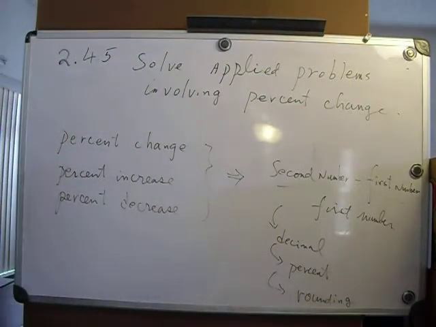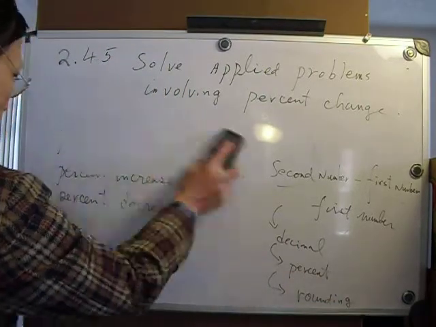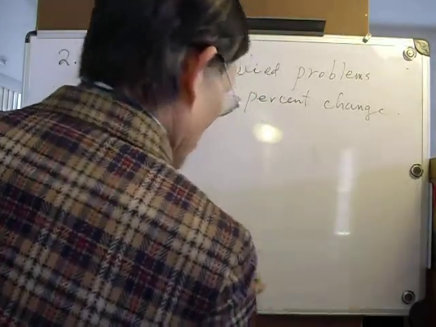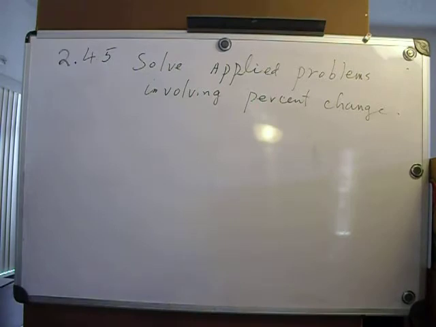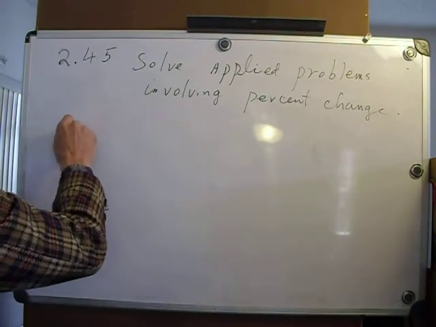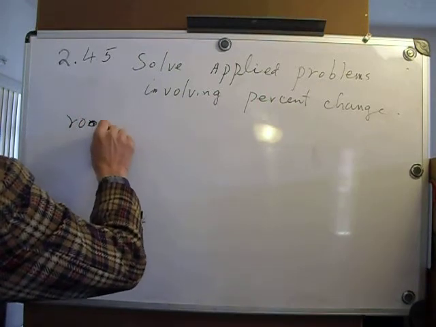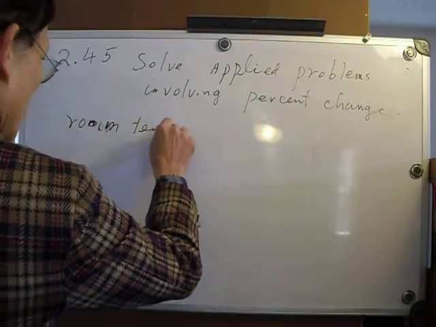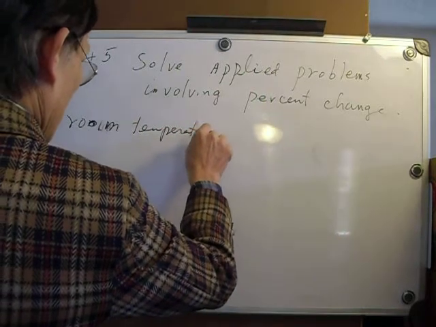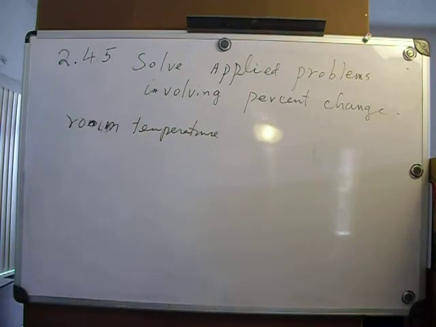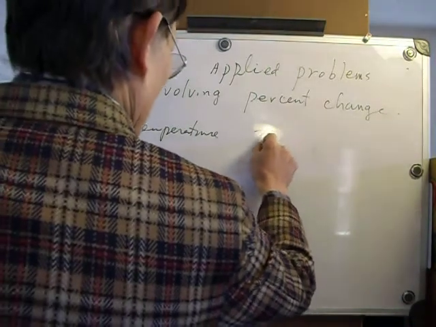So let's see one example, a word problem. Very straightforward. If the room temperature in the morning, 5 o'clock, is 25 degrees.